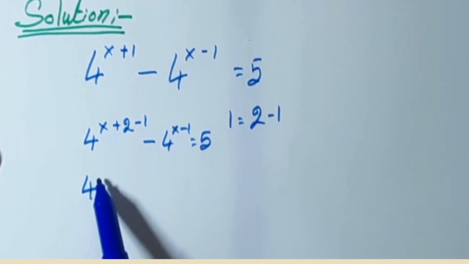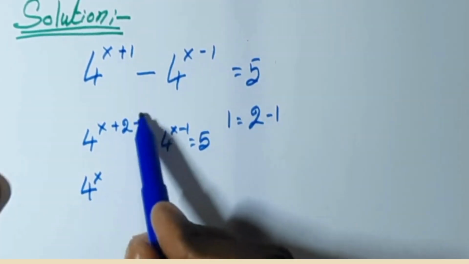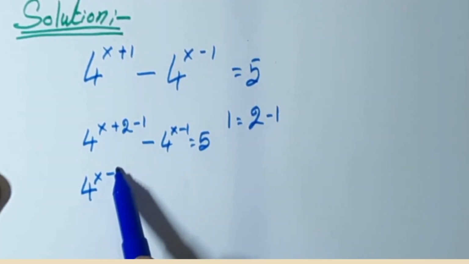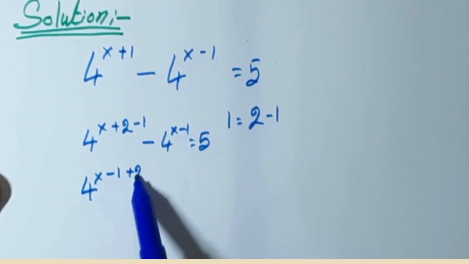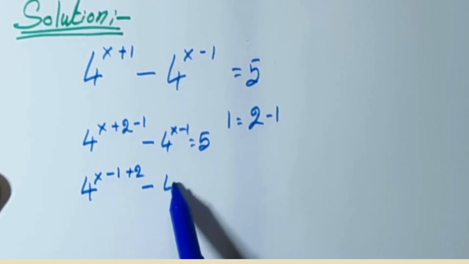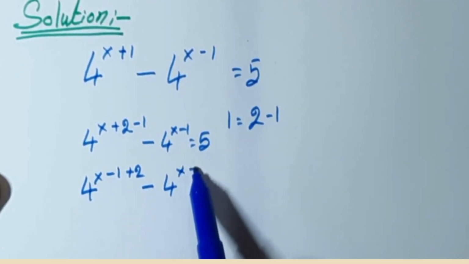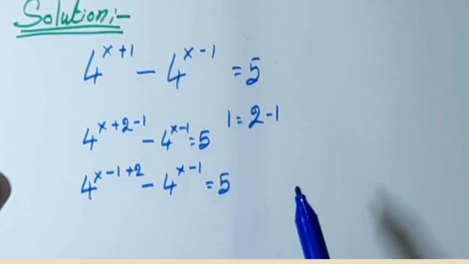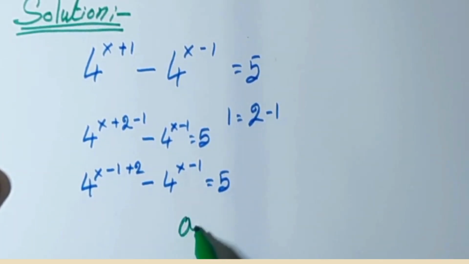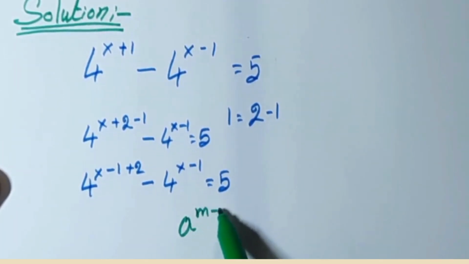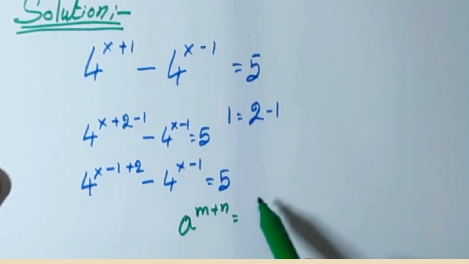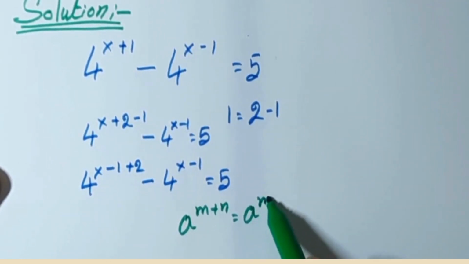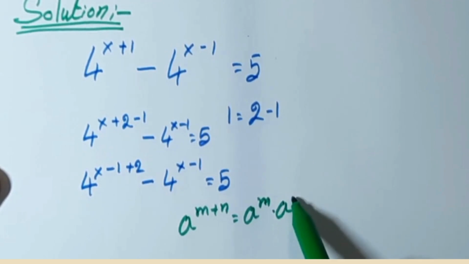Now 4 to the power of x, we are just changing this power, minus 1 plus 2, minus 4 to the power of x minus 1 equal to 5. We know the formula that a power m plus n equal to a power m into a power n.